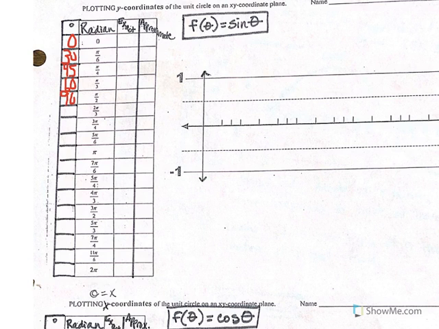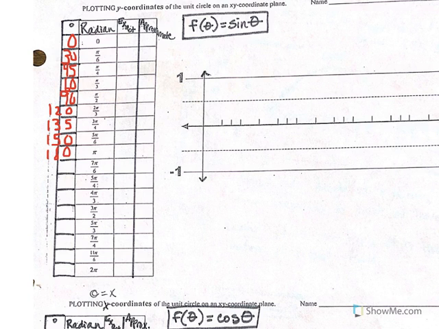2 pi over 3 is 120 degrees. 3 pi over 4 is 135 degrees. 5 pi over 6 is 150 degrees. Then we're at pi, which is 180 degrees.